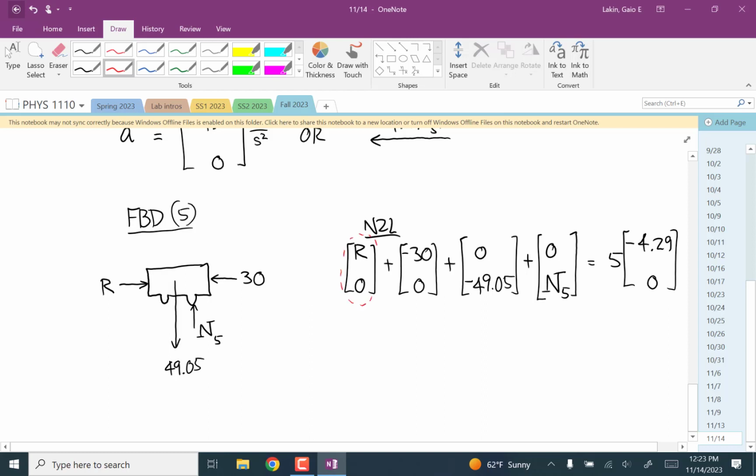This is the force vector we want, so all we need to figure out is R to plug it in there. So we have R minus 30 is equal to 5 times negative 4.29, and you get that R is equal to 8.55 newtons.